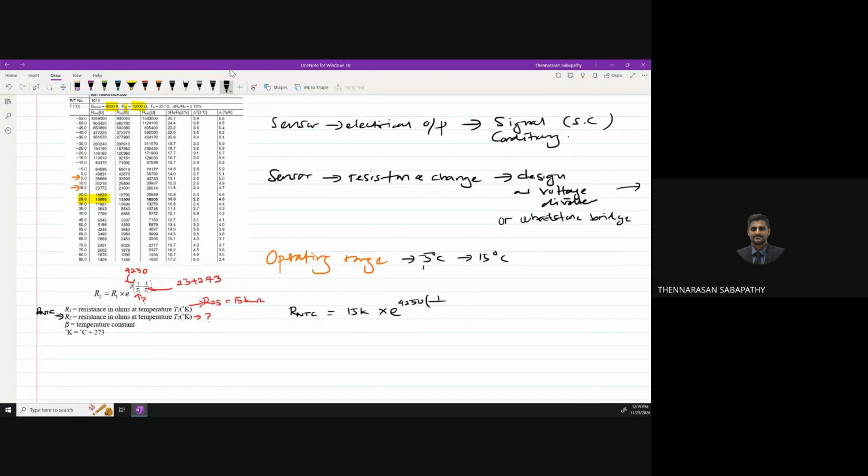T2 for this one is 5 plus 273, which is 278. And this is 15 plus 273.